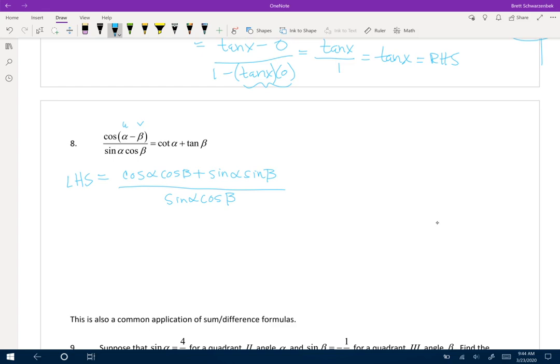First of all, you cannot cross out these sine alphas that are right here and here. You cannot do that. That is algebra illegalness. You can also not do the same thing with the cosine betas that are here and here. You cannot simplify that. So don't do so. What is really the only thing we can do?